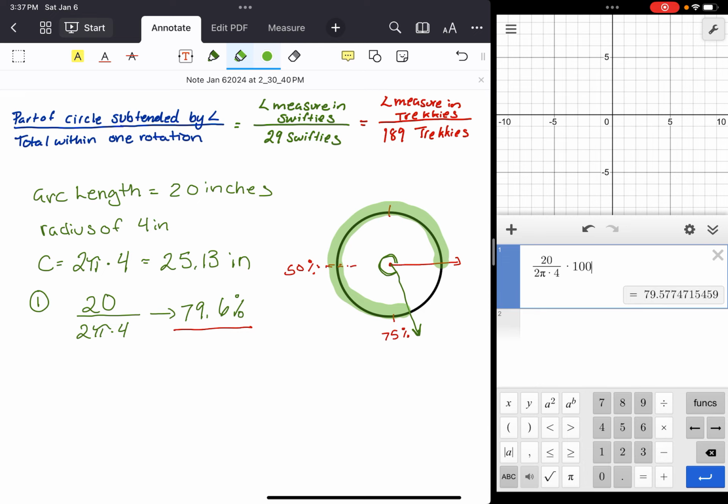Okay. Next question, we want to convert this into our new units of measure. So we're going to measure this angle in Swifties, and we're going to measure this angle in Trekkies. Now, we already know that right here, this is the fraction of the circle we have.